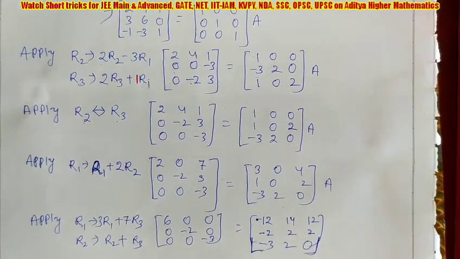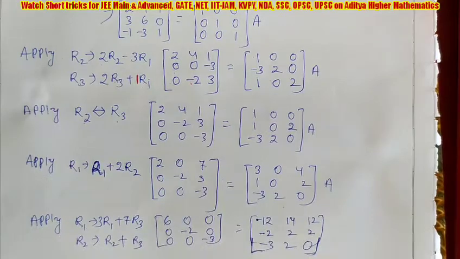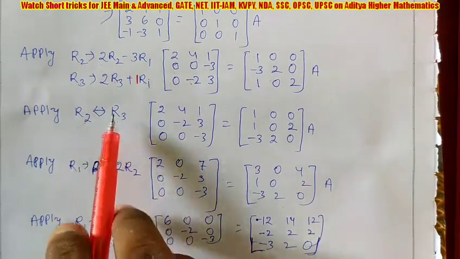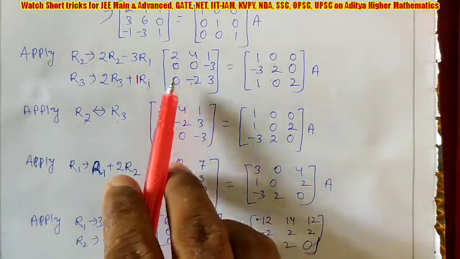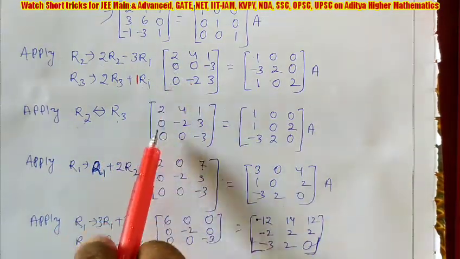So after applying elementary operation, if you are getting 0 in next columns, then without changing the previous zeros, you have to use interchange. You see, when I will interchange R2, R3, these previous two zeros are interchanging, but they are 0 and 0 only.